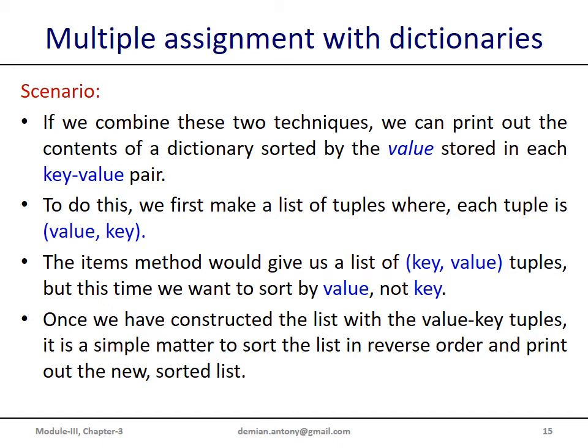Once we have a value as the first element followed by key in each of the tuples of the list of tuples, we can sort the list of tuples in the descending order, and then finally you print the elements of the list. Now we have dictionary items which are sorted not based on the keys, based on the values.